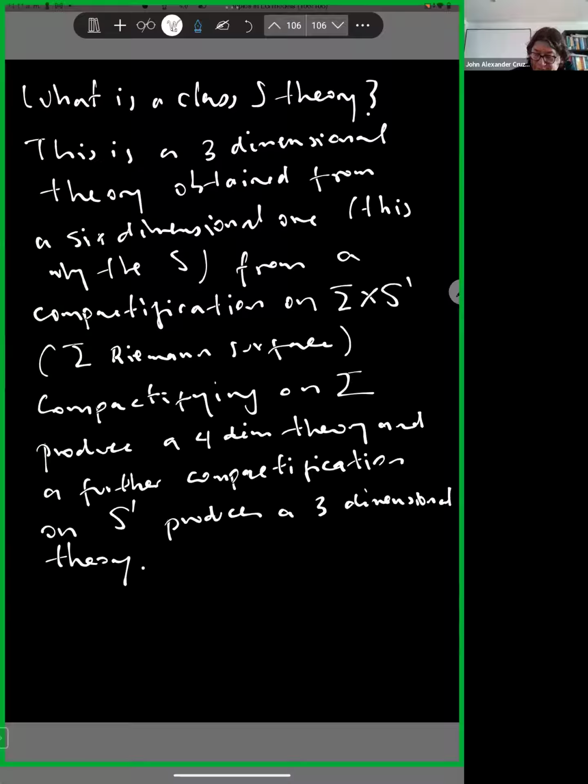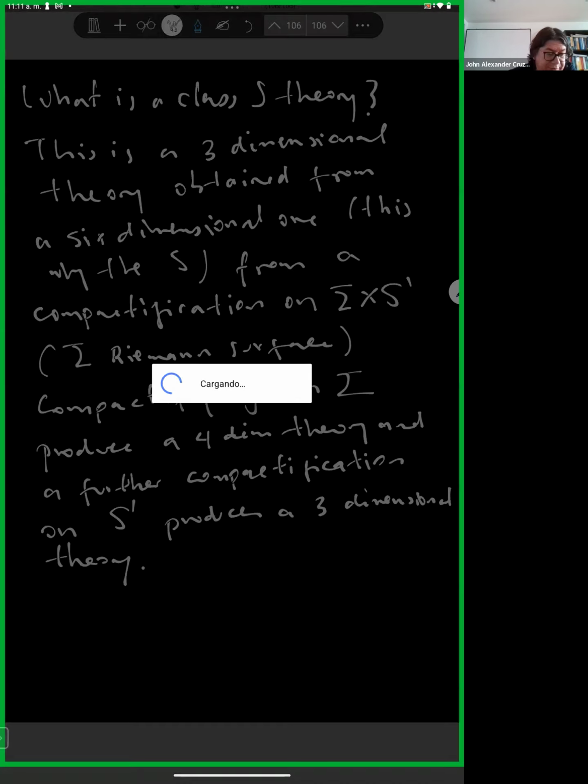So the question is how Hitchin systems appear in this picture. Okay, let's start with the first compactification on the Riemann surface, where we get a four-dimensional theory.